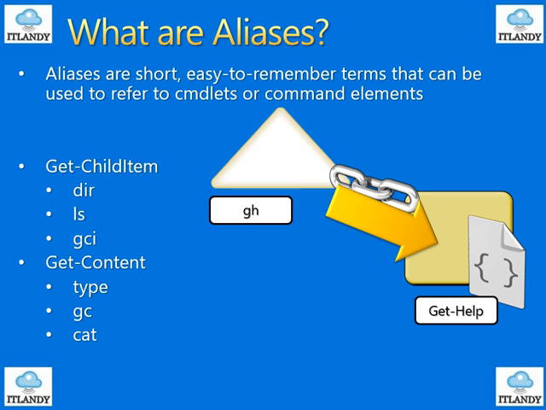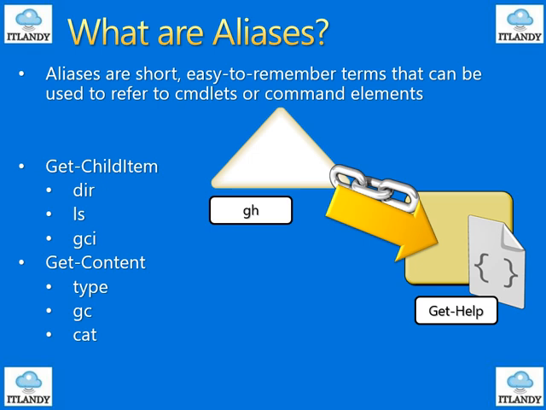For example, typing dir gives a directory listing of the current directory. In reality, dir is actually calling the Get-ChildItem cmdlet.